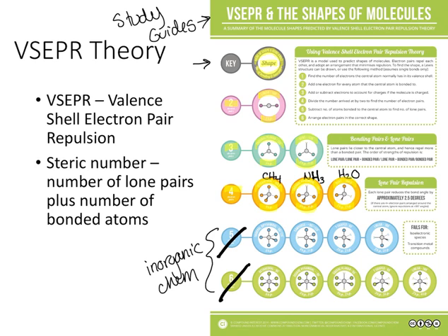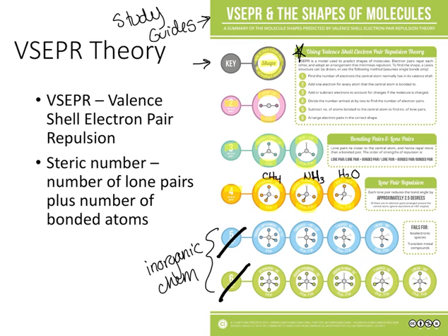So I think I'm going to stop here today and ask you to review VSEPR theory and the shapes of molecules. I would also recommend going through that chart at the top for how to find the shape of a Lewis structure. First, you would find the number of electrons that the central atom normally has, same as we've been doing already. Then you add 1 electron for every atom that the central atom is bonded to.